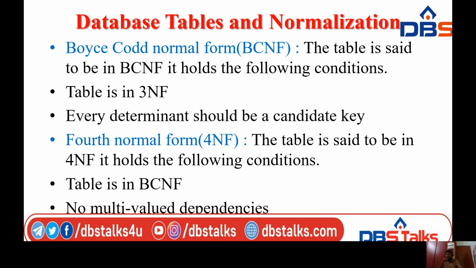If you are going to make it a fourth normal form table, you should maintain the prerequisite that the table should be in BCNF first, and then we apply one technique, that is, no multi-value dependencies. Multi-value dependencies are not available in this one.